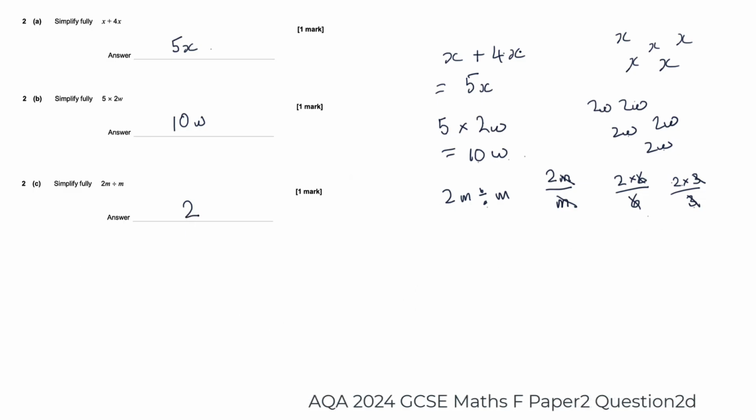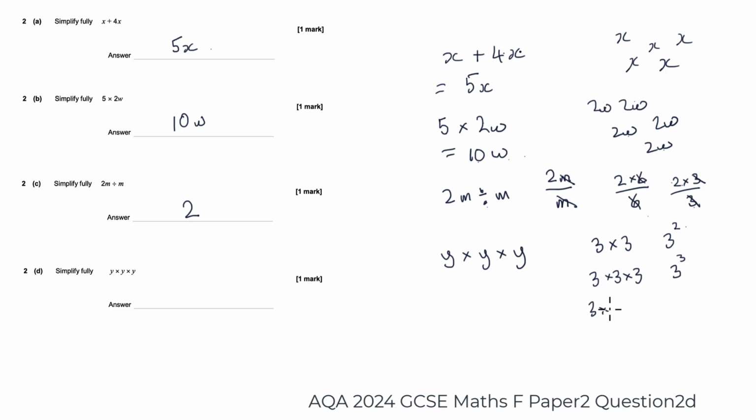And finally for this question, simplify fully y times y times y. Now things like 3 times 3, remember you can write that as 3 to the power 2 or 3 squared, and 3 times 3 times 3, that's 3 3's multiplied together. 4 lots of 3 multiplied together.